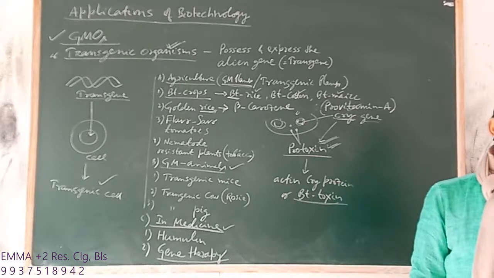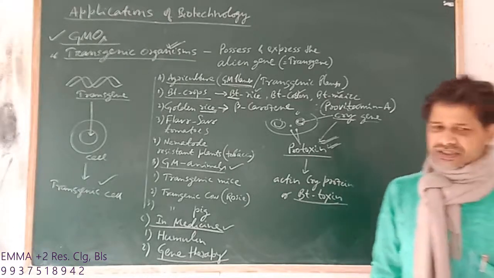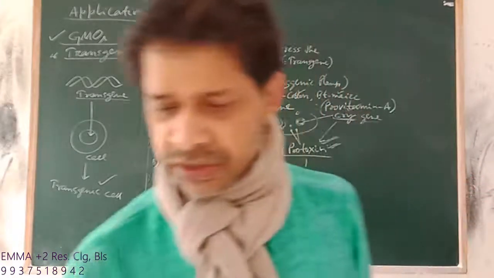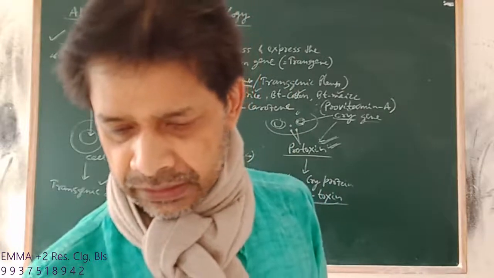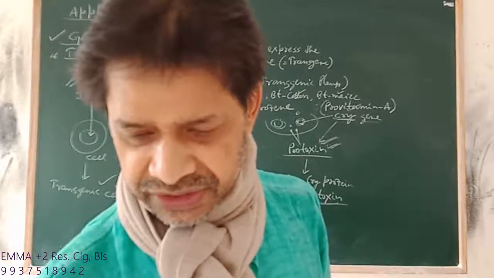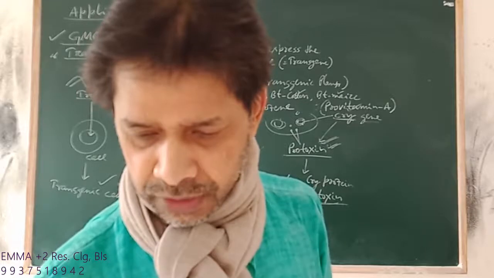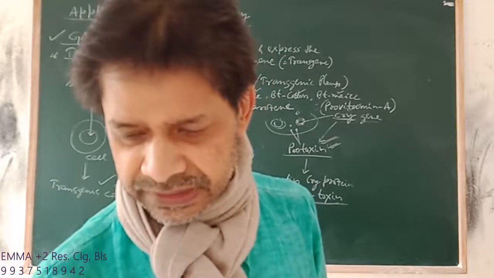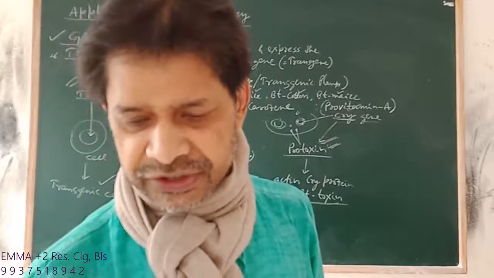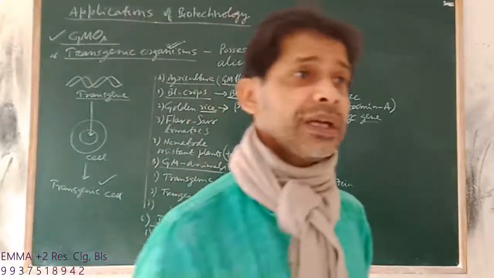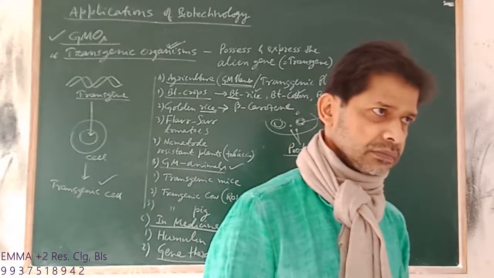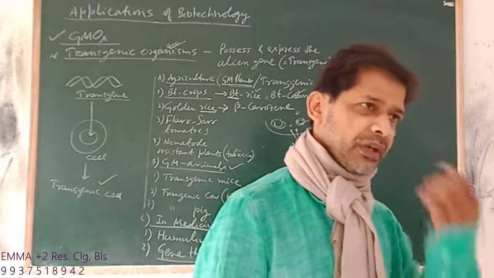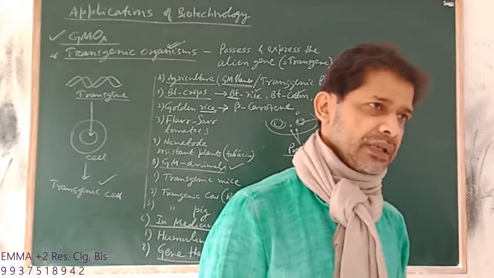Clear? So golden rice is a transgenic plant having at least 3 genes responsible for production of beta carotene as well as its successful absorption in the alimentary canal. Beta carotene may not be absorbed in the alimentary canal.